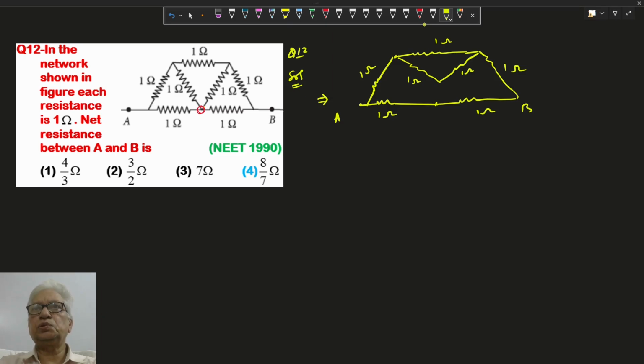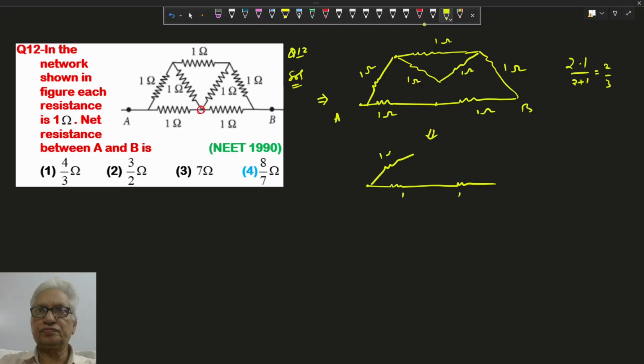Now 2, 1, 1, 2 and 1 in parallel: 2 times 1 upon 2 plus 1 means 3, that is 2 by 3. Now this circuit can be redrawn as 1, 1, and 1, 1, and this will be 2 by 3 ohm.